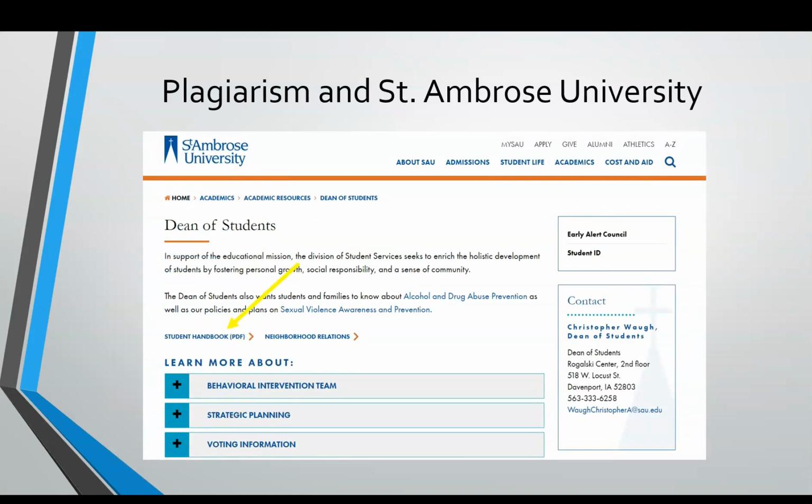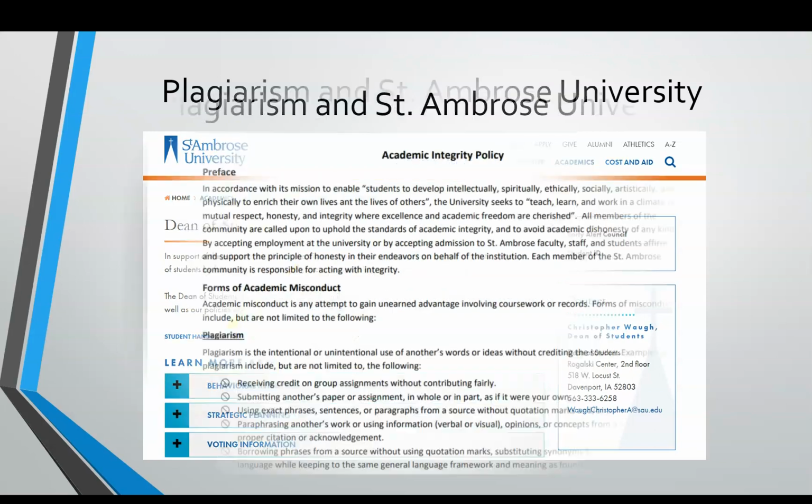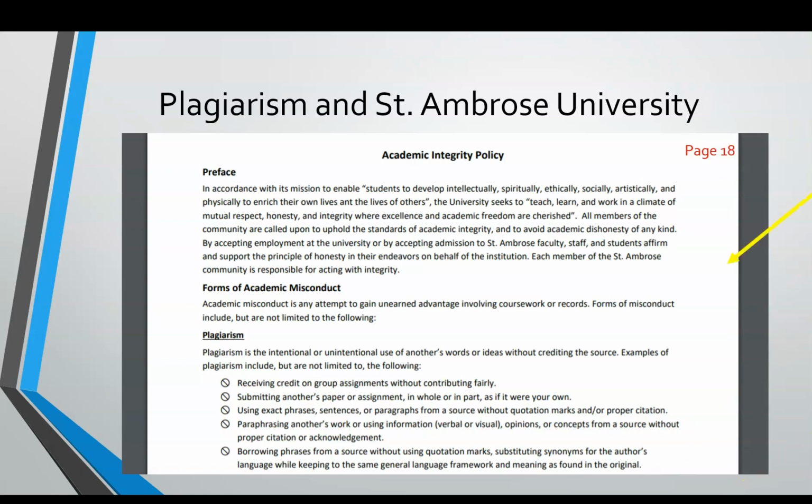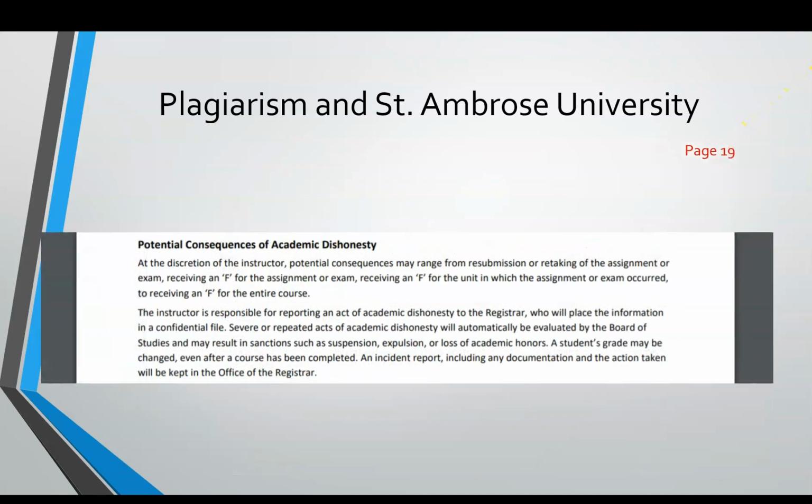Then click on Student Handbook. A PDF file will appear. And scroll to page 18. Please note that the potential consequences of academic dishonesty are potentially severe. These are listed on page 19.